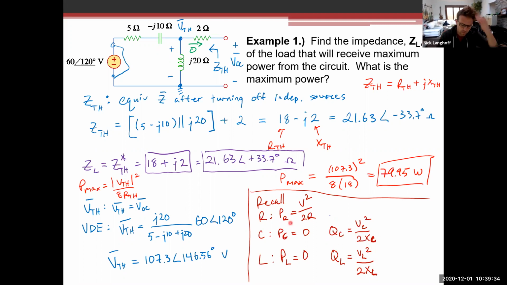So those are some handy formulas to have in your back pocket if you need to calculate the reactive power of a capacitor or an inductor. It's 1/2 the square of the voltage over the reactance.